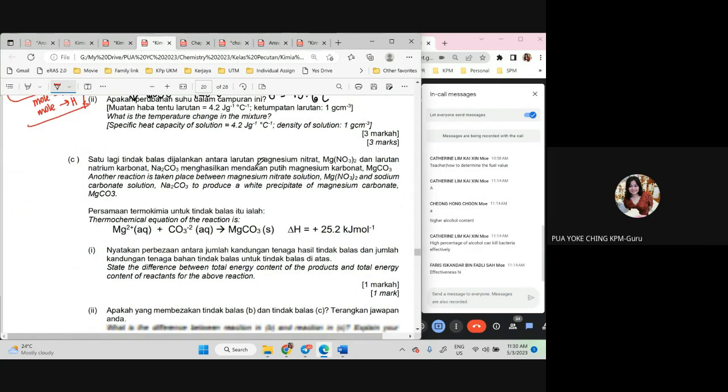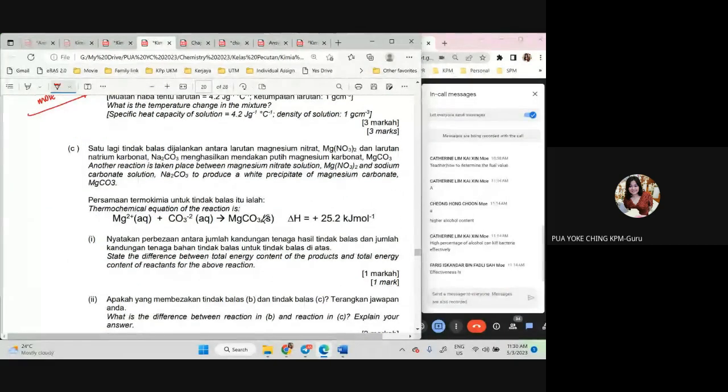So the next one is this one. Ini ialah energy level diagram ataupun perbezaan antara jumlah kandungan tenaga hasil tindak balas dengan jumlah kandungan tenaga bahan tindak balas. Okay, when it asks you the information, apa maklumat yang kamu boleh dapat daripada the equation?